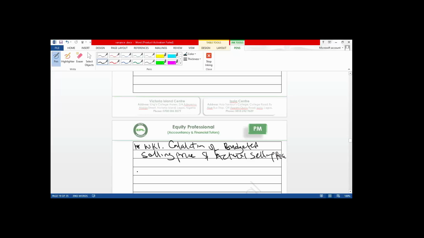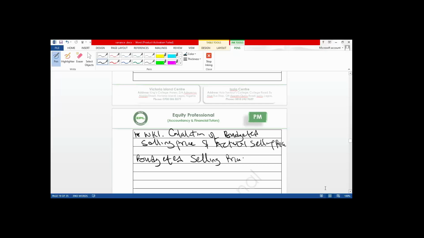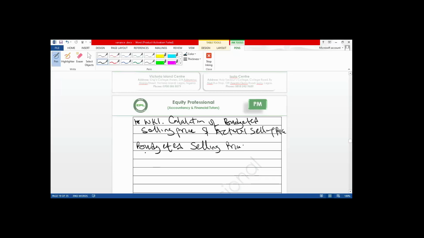Let's start with the budgeted selling price. You are going to get it from your cost. Look at it.